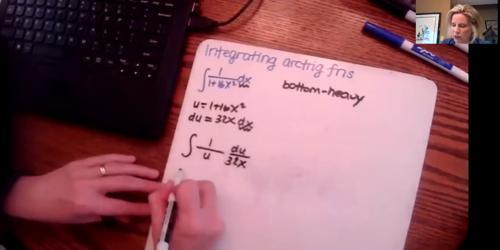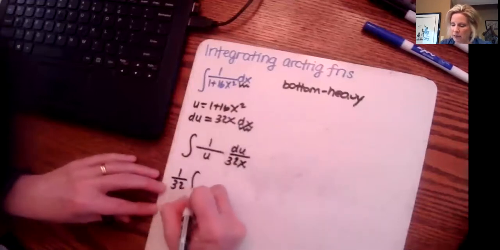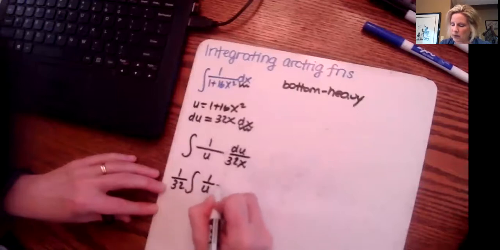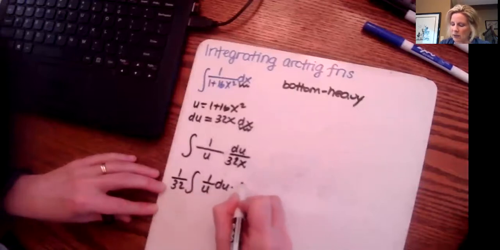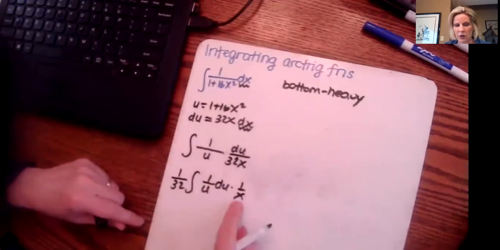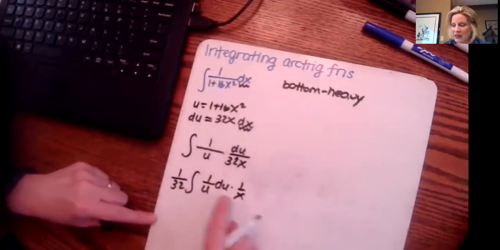Well, I can pull the 32 out on the bottom, and I've got du, but I've still got this 1 over x term, and I cannot move forward if I have u's and x's after the integral sign.